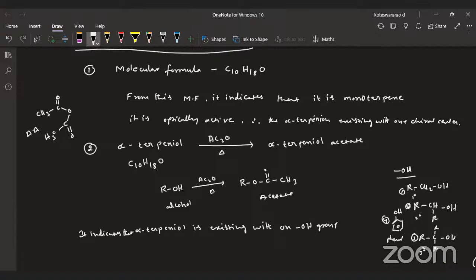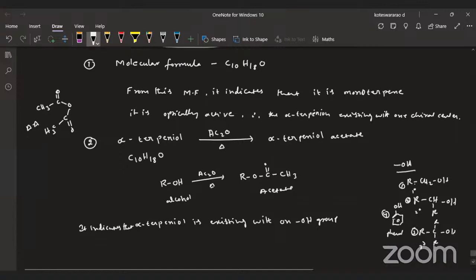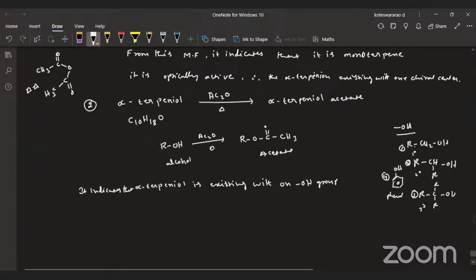Now I'm going to do the next reaction, that is, alpha terpinol is subjected to phenolic reactions. What are the phenolic reactions? A Liebermann test, Phthalein fusion test, and FeCl3 test.